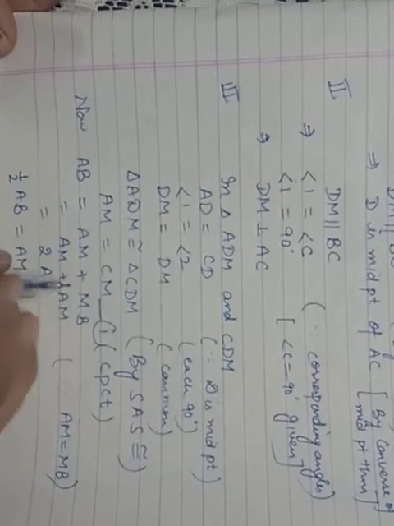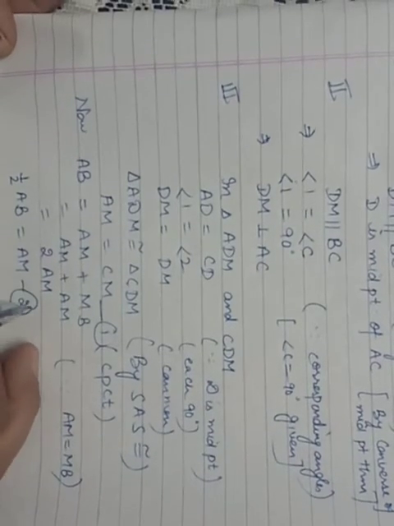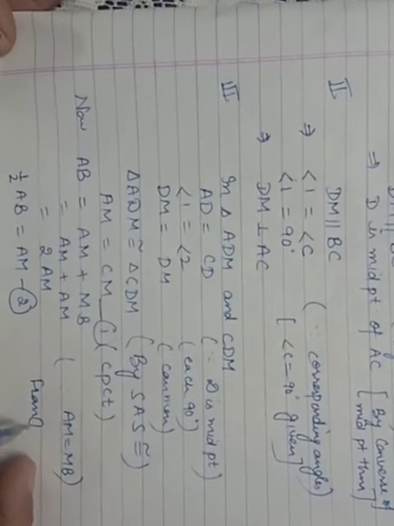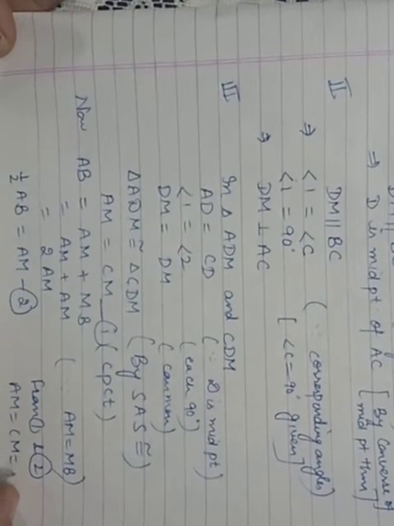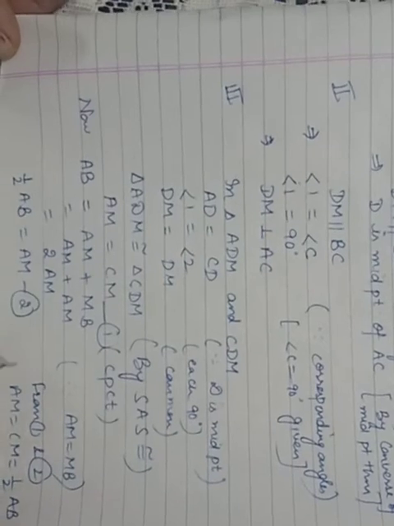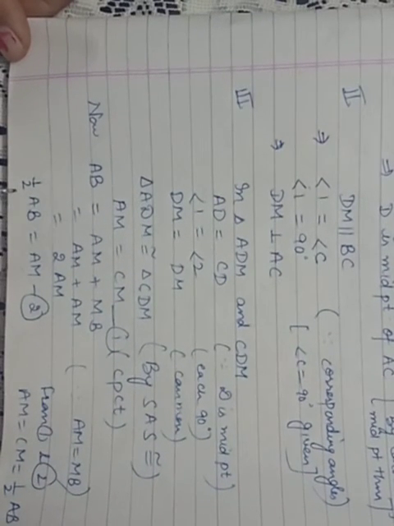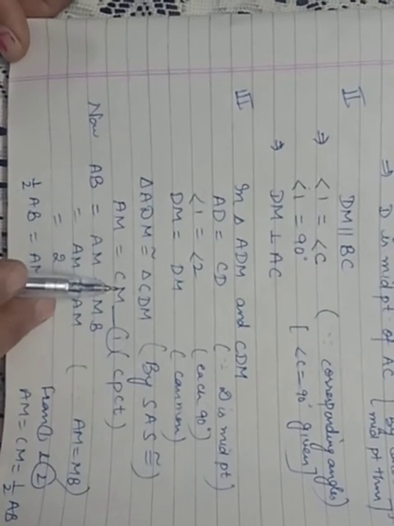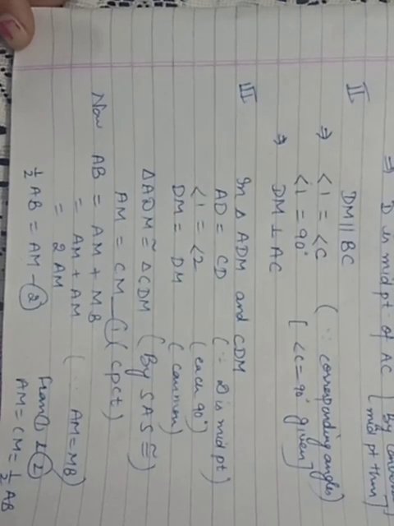AM is half of AB. From 1 and 2, it is proved that AM is equal to CM is equal to half of AB, because we have proved in equation 1 that AM and CM are equal, and then we have proved AM is half of AB. So AM and CM are equal and both are equal to half of AB, and hence in this way we can do this question.